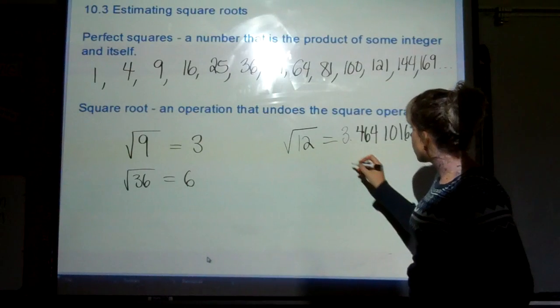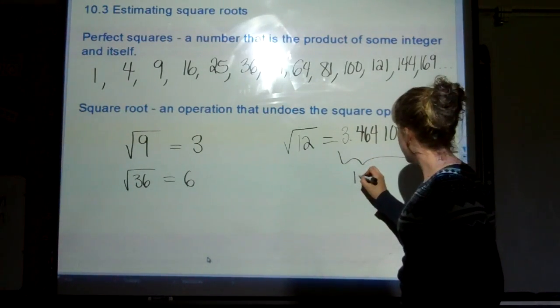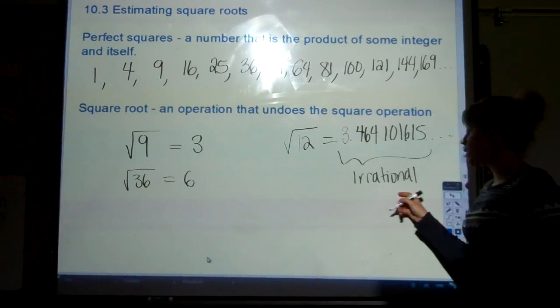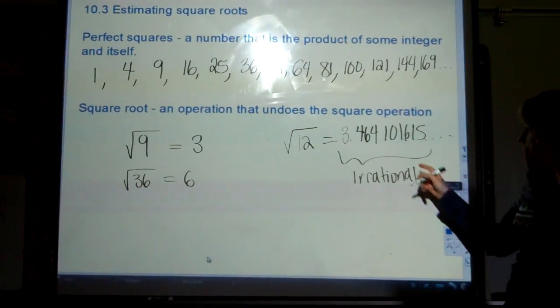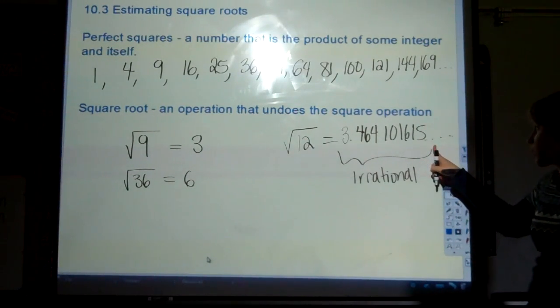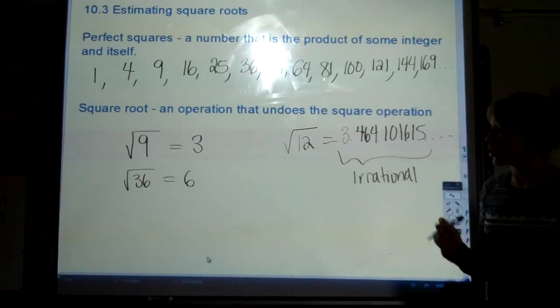This is called an irrational number. And an irrational number is irrational because it's got this decimal that doesn't end, but it's not a repeating decimal, like 0.3 repeating. So this is irrational.